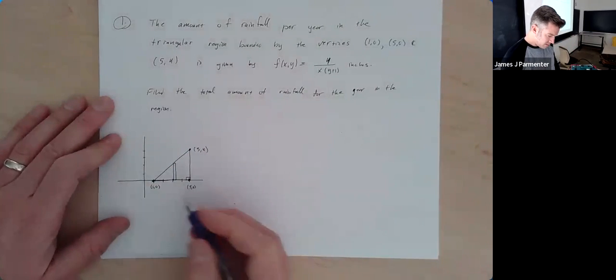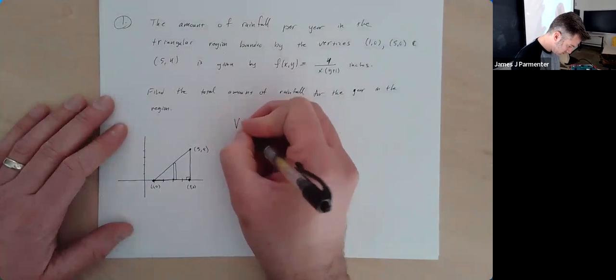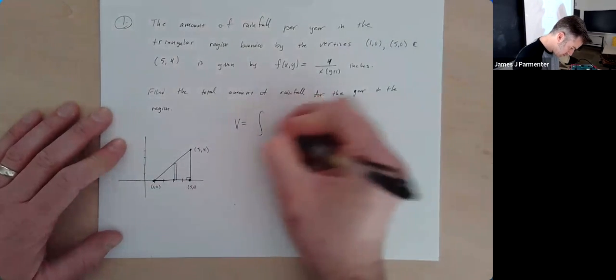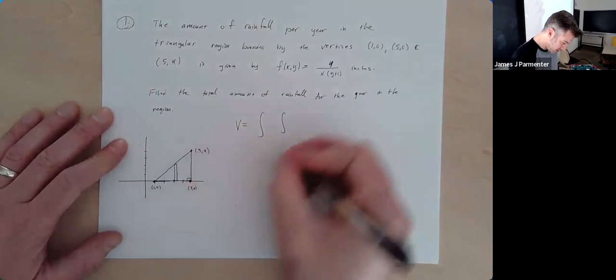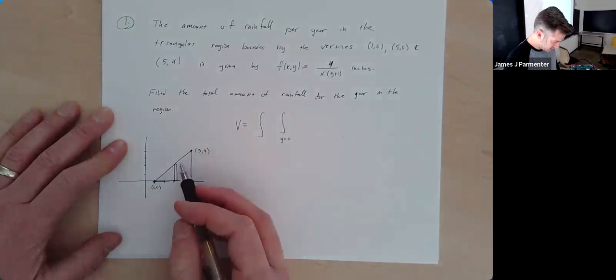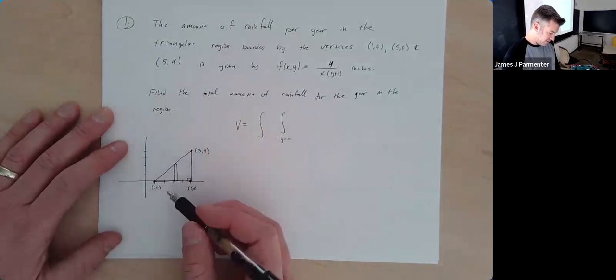Say, okay, for my volume of rain, the inner integral is going to have a lower bound of y equals 0 and an upper bound of y equals, I need to find the equation of that line. Well, I could find the slope, right?